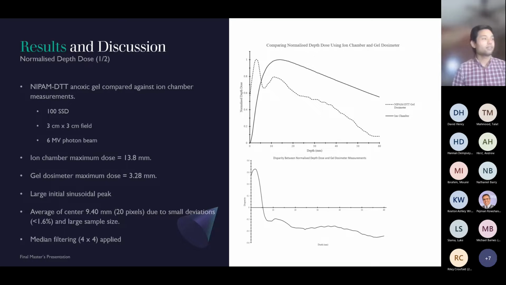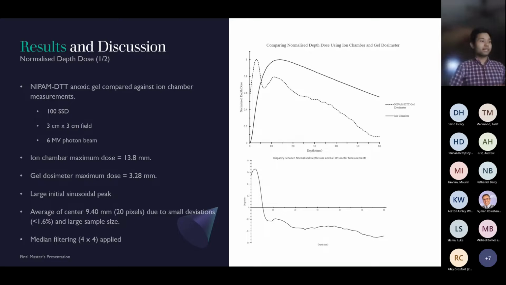After that, I had a look at the normalized depth dose, or percentage depth dose. This is when the DDT anoxic gel was compared against the ion chamber measurements. So this was done at 100 centimeters source to surface distance, 3 by 3 centimeter field, and 6 megavoltage photon beam.